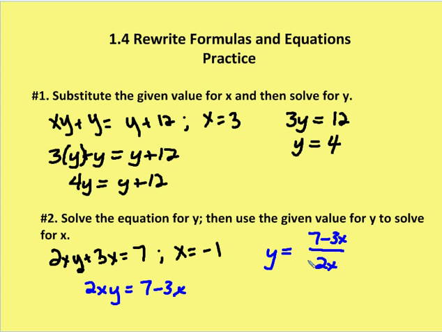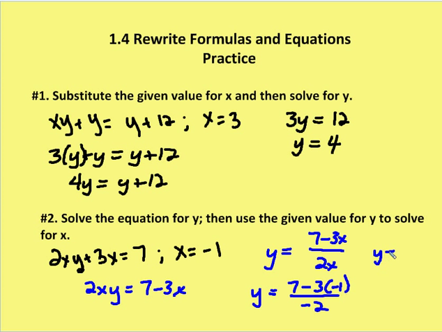Now I have an equation in terms of y, and I can solve using the given value for x, which is negative 1. So y is equal to 7 minus 3 times negative 1 over 2 times negative 1, which is negative 2. So 7 minus a minus 3 is 7 plus 3, that's 10.